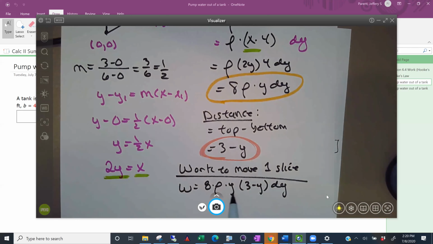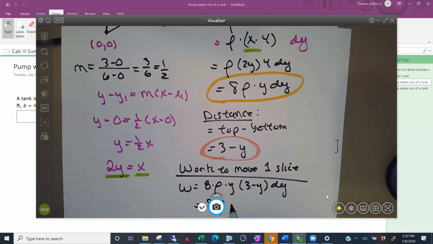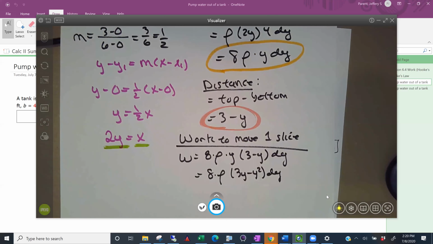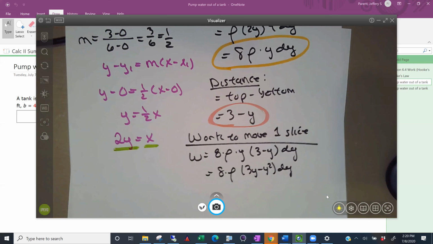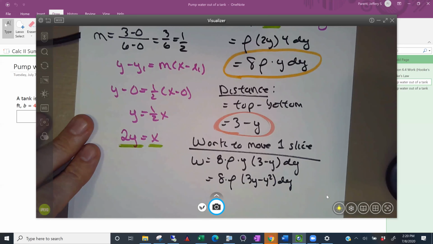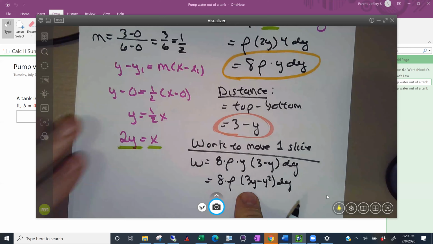If you wanted to, you could distribute the y: 8 times rho times 3y minus y squared dy. Okay. Almost done. That's the work done to move one slice.